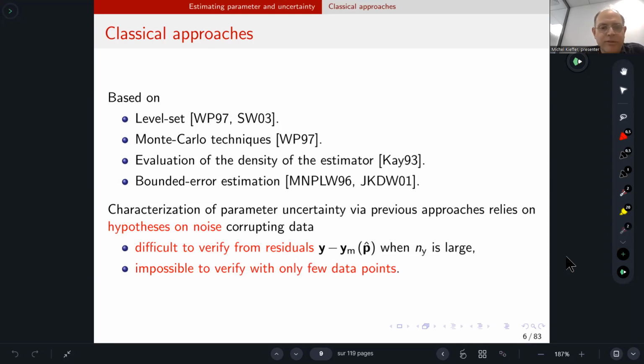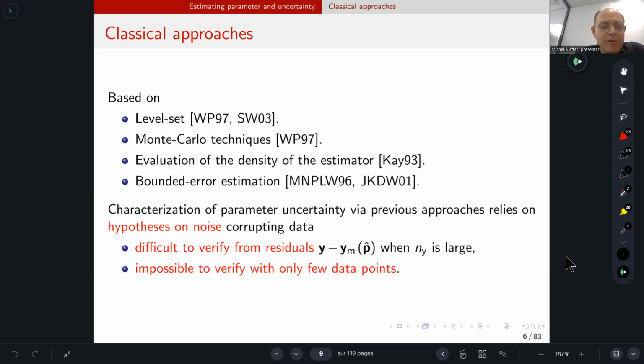For example, you have to assume that the noise which has corrupted the data is Gaussian with a known variance. And you may verify this assumption afterwards, a posteriori, once you have performed the estimation of P hat, considering the vector of residuals. This means the difference between what you have observed and the output of your model.